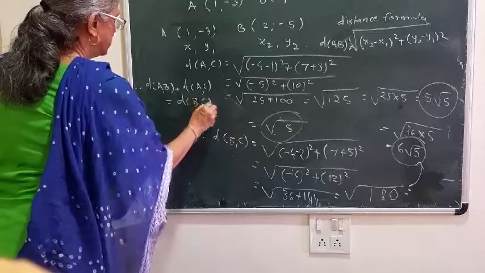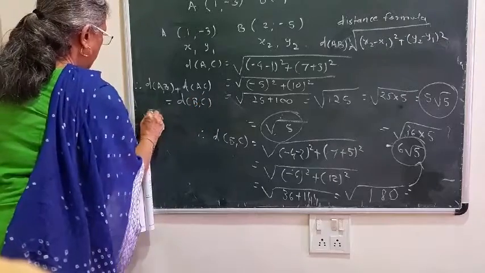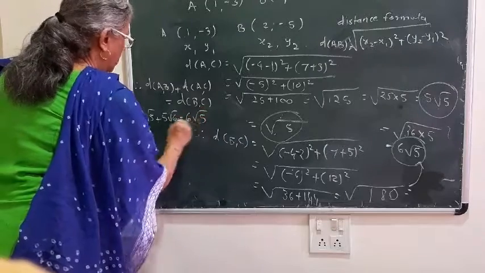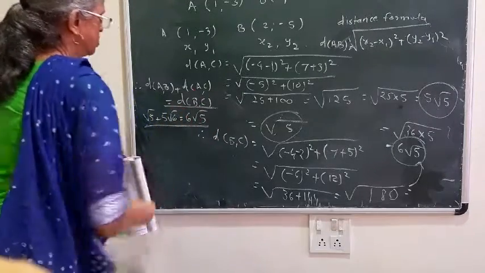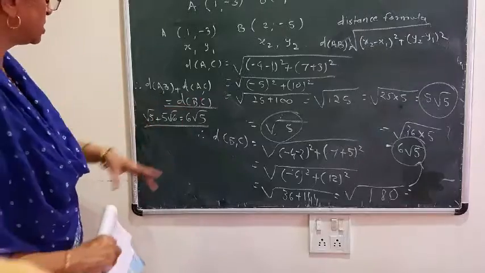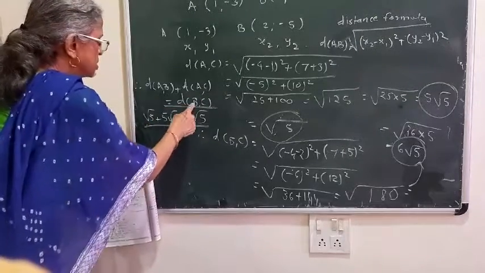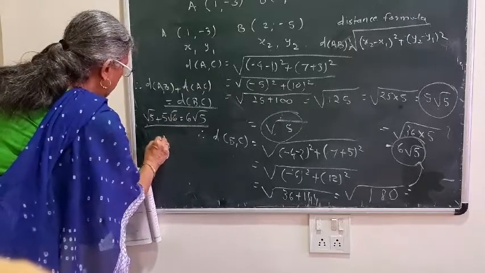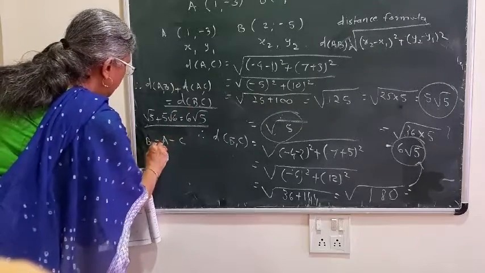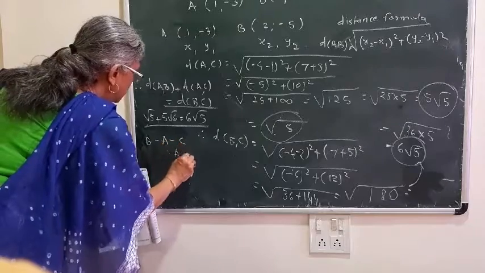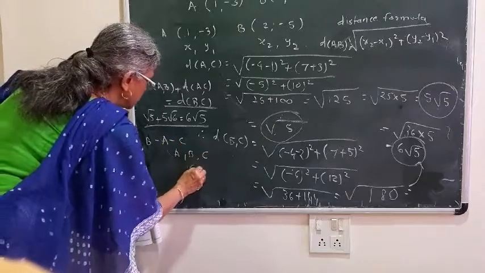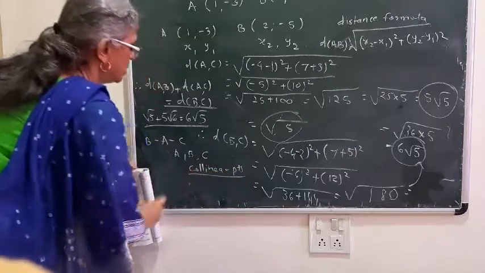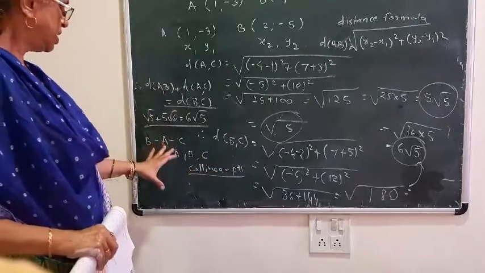We have this conclusion because root 5 plus 5 root 5 we are getting 6 root 5. Got? As BC is the largest distance, B and C should be the end points, so A must be in between them. So the collinearity is B-A-C. A, B, C are collinear points. So that is the answer, how it is expected.